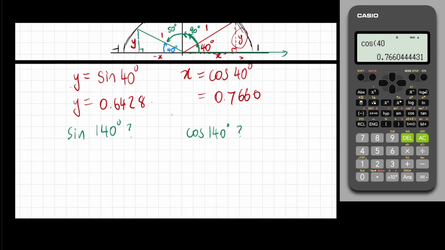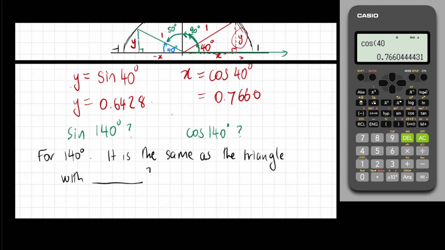So, 2 key points. Let's write these in. For 140 degrees, it is the same as the triangle with a 40-degree angle.